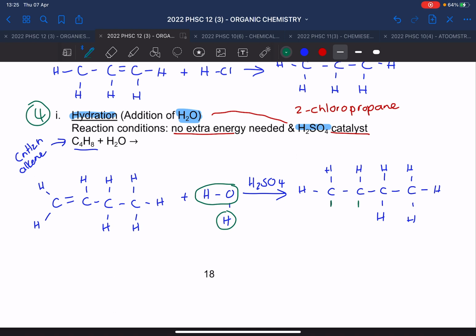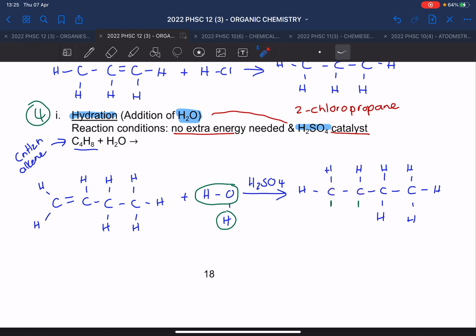And what does the rule say? When there's HX added to a double bond, the hydrogen attaches to the carbon with the majority of hydrogens. X can be either chlorine or bromine. So the rule states that this hydrogen goes to the carbon that has the most hydrogens.